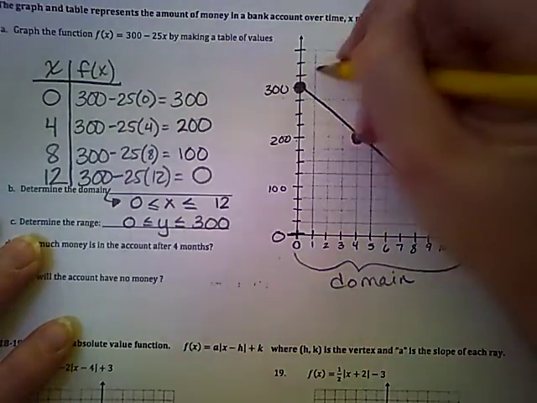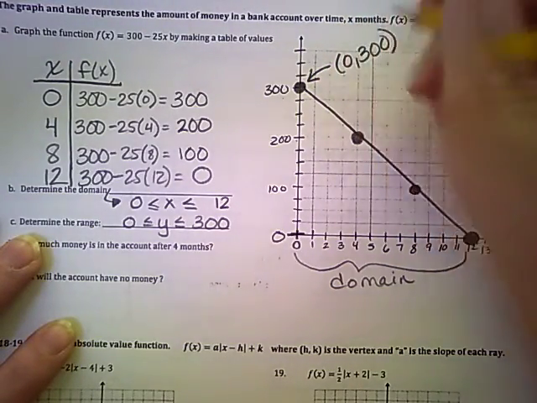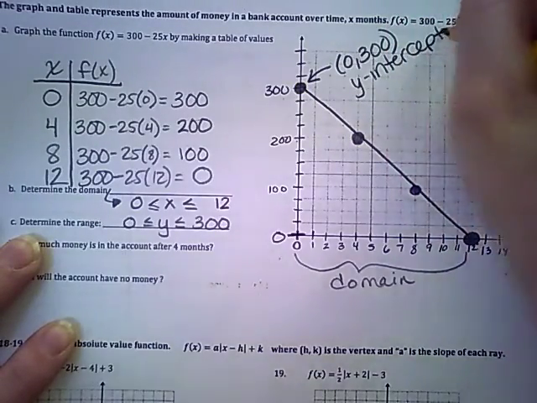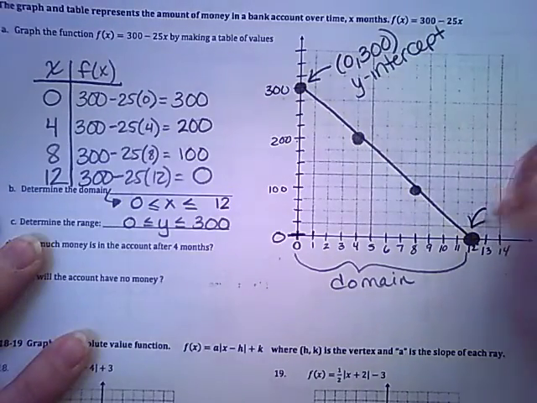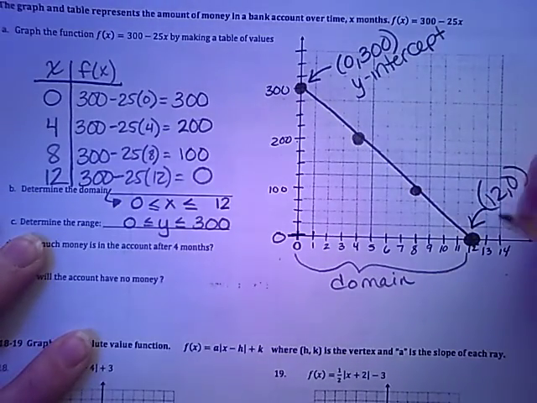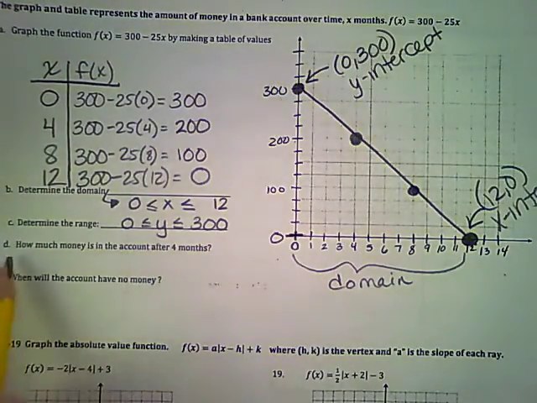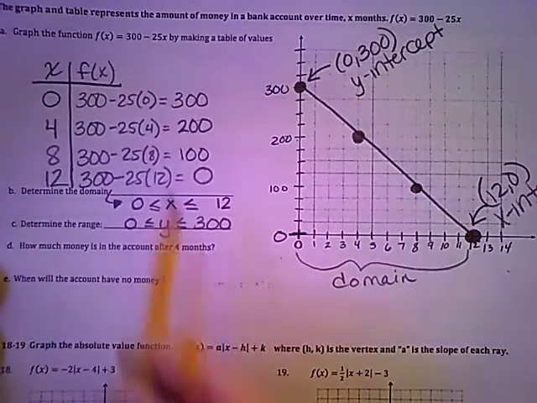While we're talking about it here, I just want to take note. This point here would be 0, 300. That's your y-intercept. And this point here, that's 12, 0, that's an x-intercept. Just good to know. How much money is in the account after 4 months? Oh, we already did that in the table.